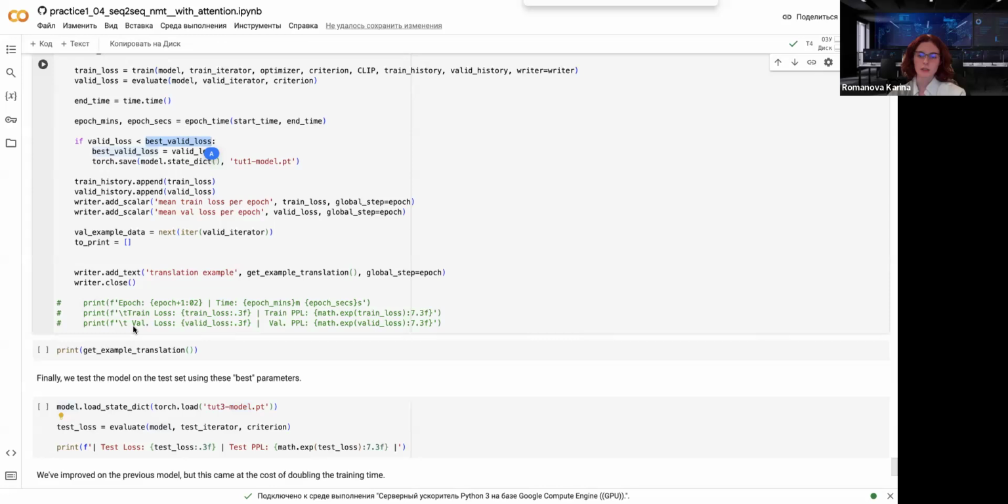Let's discuss why attention is critical for sequence-to-sequence models. Because attention helps the model to retain relevant information across longer sequences, which is essential in translation tasks where long distance dependencies can be crucial.